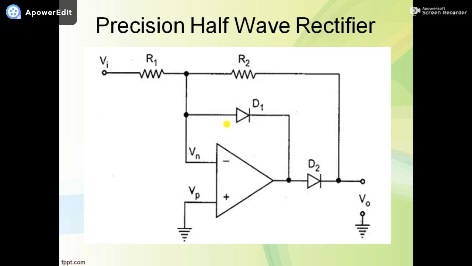Finally, when the diode D1 is forward biased, the op-amp output is kept from going into saturation, and it maintains a good high frequency response, because the D1 diode provides negative feedback.